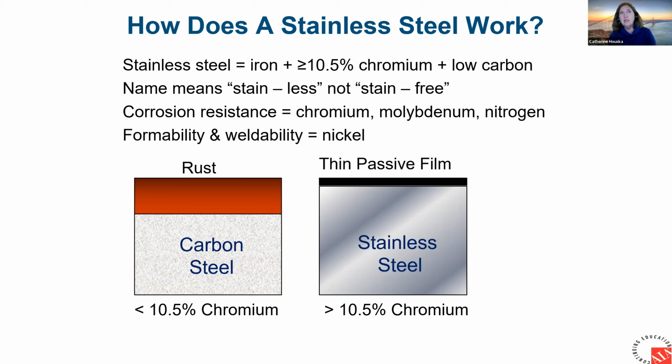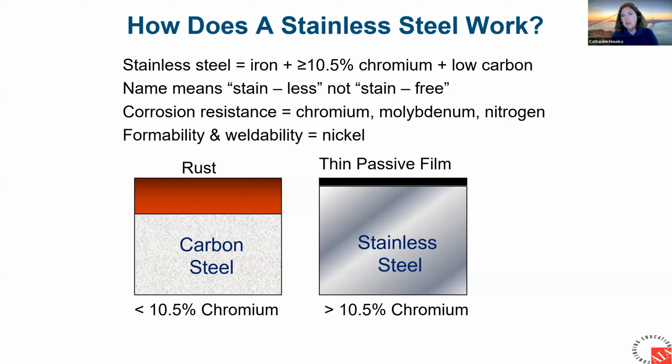Corrosion resistance is attained primarily through the chromium, molybdenum, and nitrogen additions, while nickel greatly improves formability and weldability. That's a generalization, but a basic rule of thumb as you're looking at different stainless steel alloys. With carbon steel, we see gross corrosion over the surface, rust.